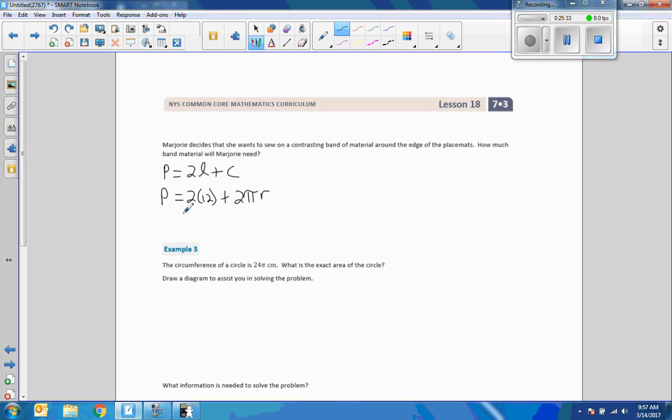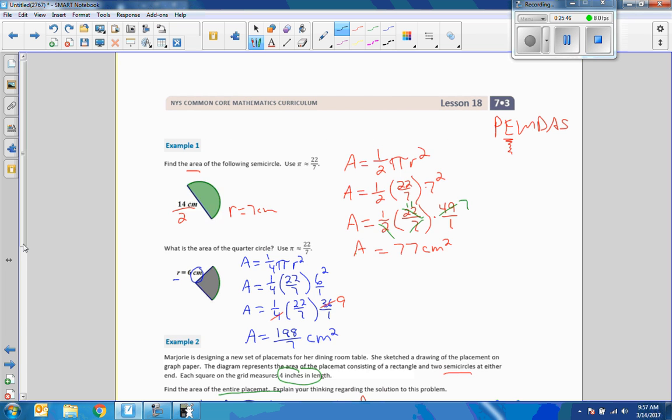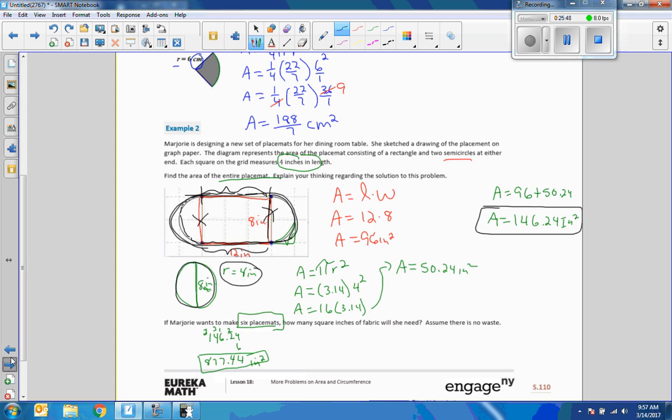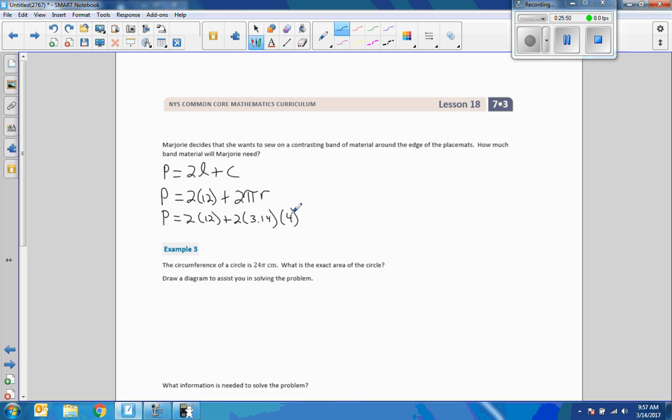So before I simplify, I'm going to put in all of my information. Let's use 3.14 again, and the radius was 4. So the perimeter is 12 times 2 is 24, plus 8 times 3.14. I just multiplied the 4 times the 2 first. So I'm going to carry this over to here.